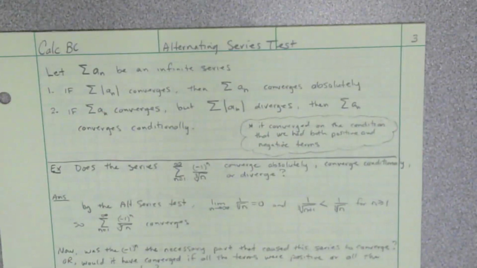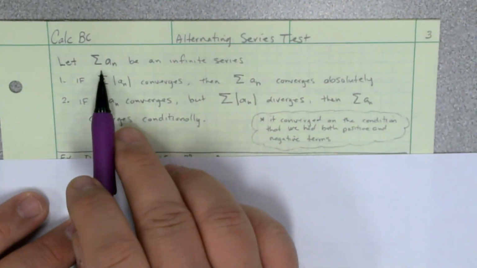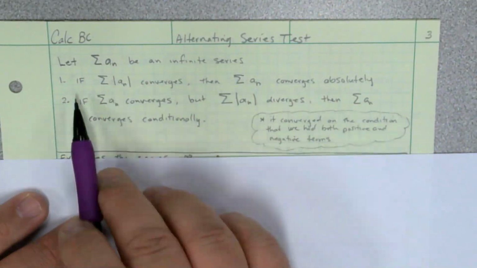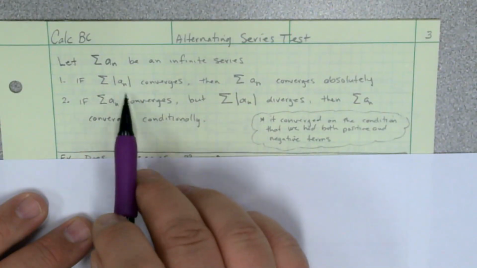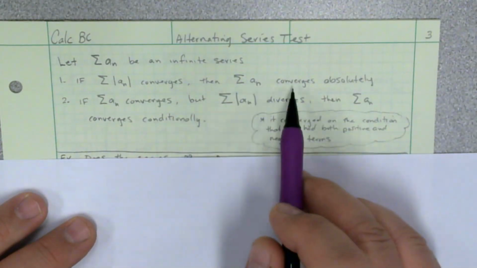Okay, so that brings us to this part right here. Here we have a series, an infinite series. If I put absolute values on here, and that series converges, then this series converges absolutely.